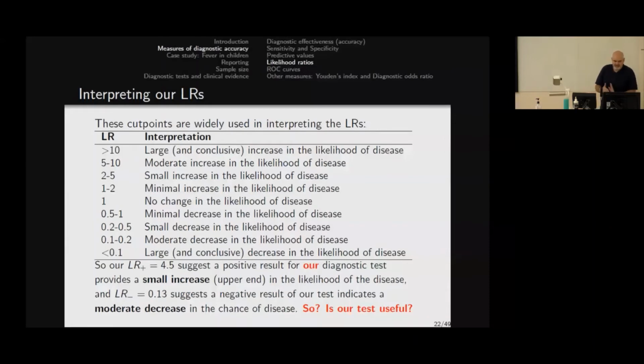It was so close to 5 that I'd call it closer to a moderate increase. In other words, for patients that really have the disease, our test was relatively informative. Collecting this information is worth it. For the negative, 0.13, it's in this zone, so it gave us a moderate increase in our ability to rule out patients without the disease.